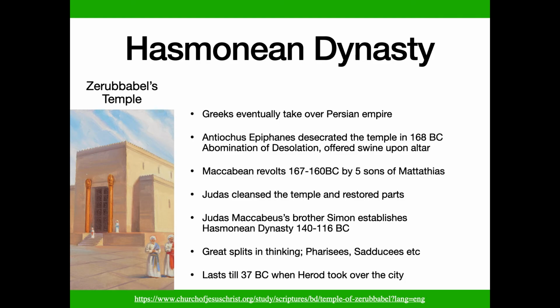But Judas Maccabeus' brother Simon does establish the Hasmonean Dynasty from 140 to 116 BC, and they try to start things back up. But these Greeks are just, the Hellenization of the people is a real down point of their whole history. How can we still be pure, but yet participate with the Greeks in their games and in their daily lifestyle and things like that?